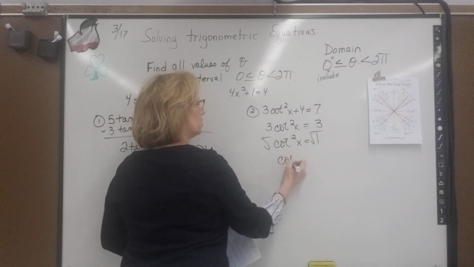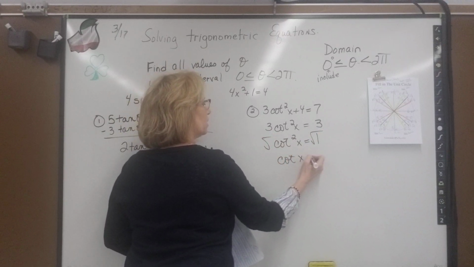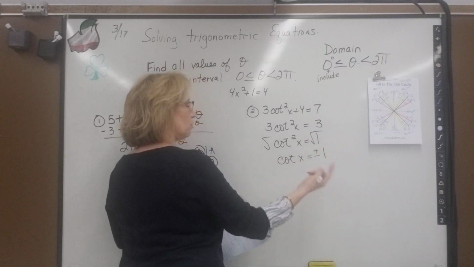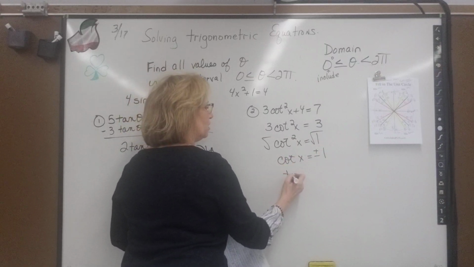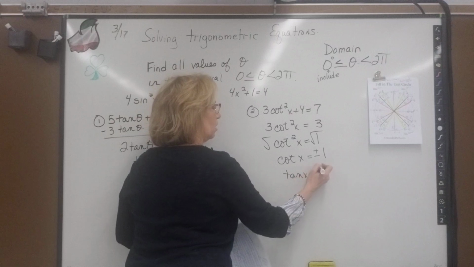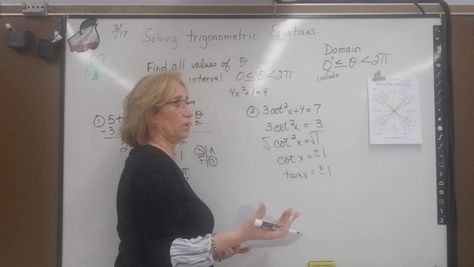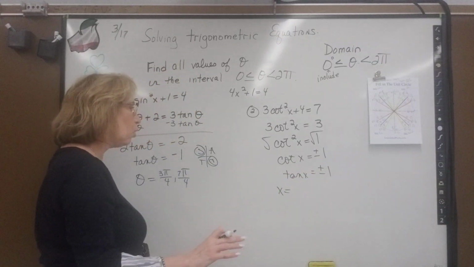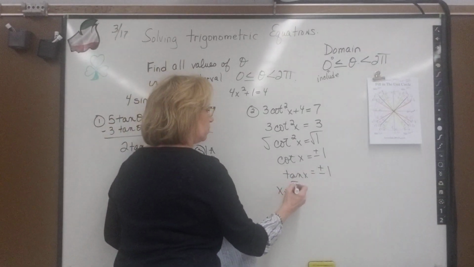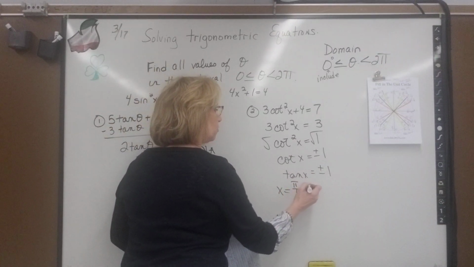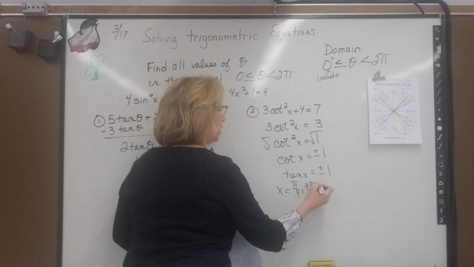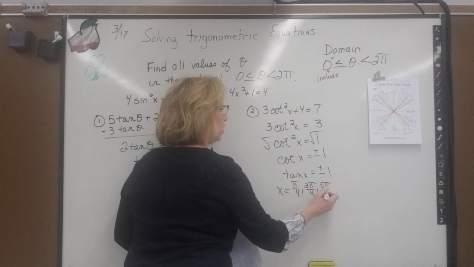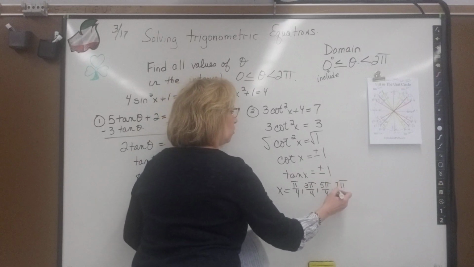So it's the cotangent of x is equal to plus or minus 1. Remember, we have to flip this, which is tangent of plus or minus. Flip over 1, you get 1. So x, and we have positive and negative, so we are in all the quadrants. So it's pi over 4. It is 3 pi over 4. It is 5 pi over 4. And it is 7 pi over 4.